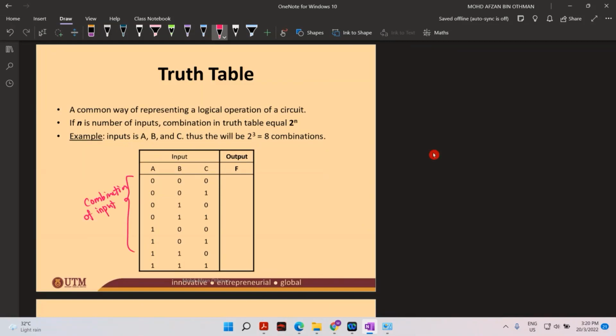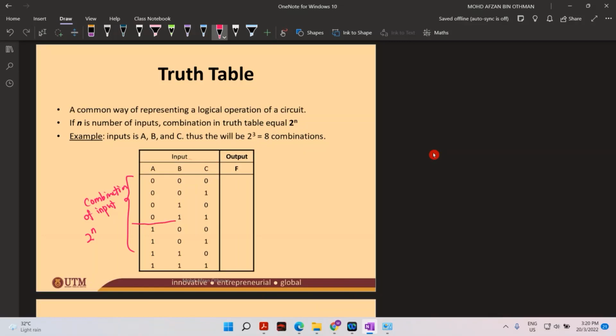Okay, so this combination of input will be determined by the bilangan input ni, di mana kita pakai equation 2 power of n. Contoh kalau kamu ada 3 input kat sini, so bilangan combination adalah 8 combinations of input. Started with the least significant bit, kamu start with 0101.